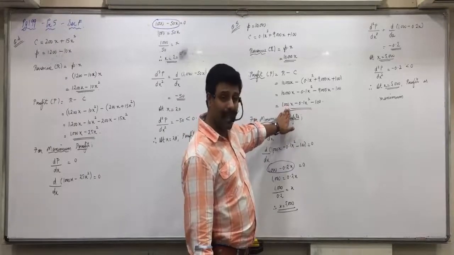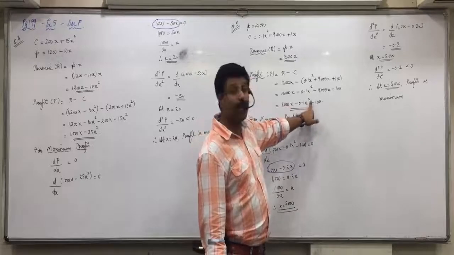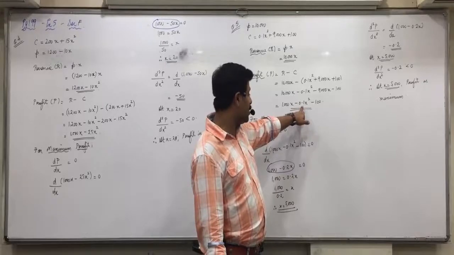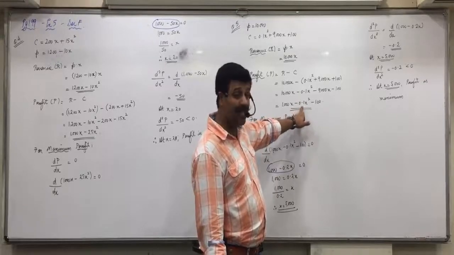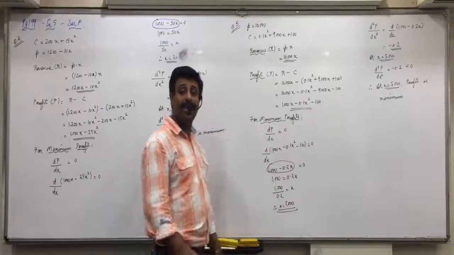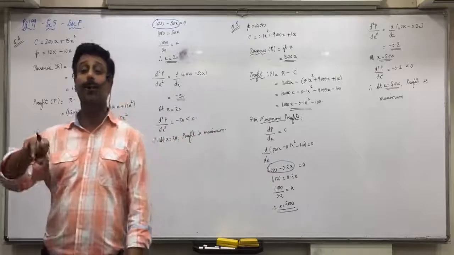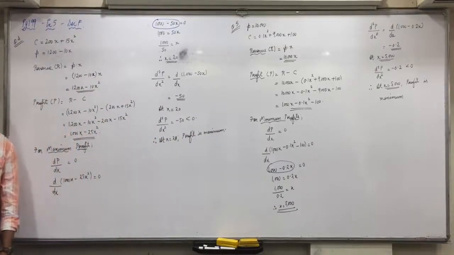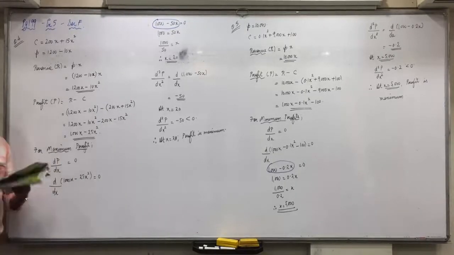And then 5000 square is 25 lakhs, into 0.1 is 2,50,000. So 50 lakhs minus 2,50,000 is 47,50,000, minus 100 gives 47,49,900. That would be the maximum profit if asked. Is everyone clear with this? Anyone having any doubt?